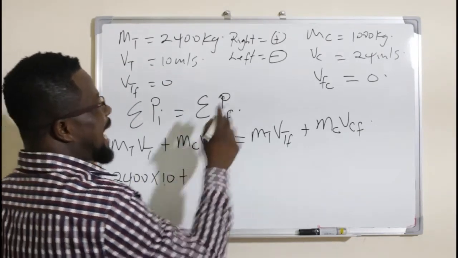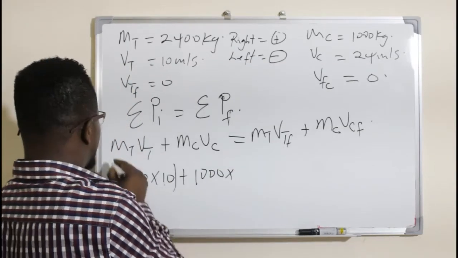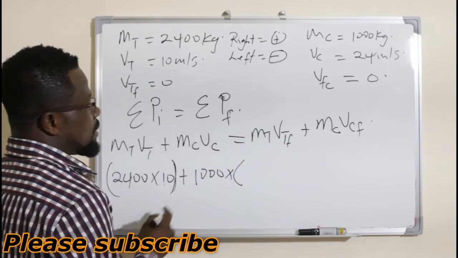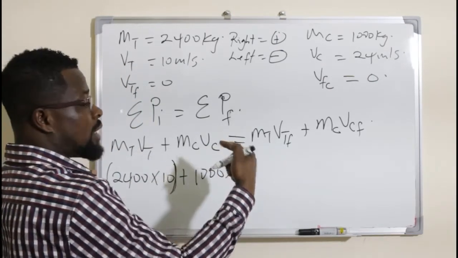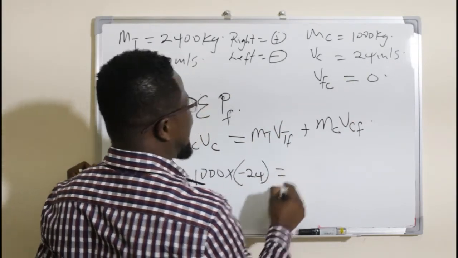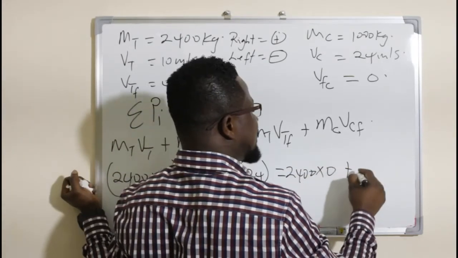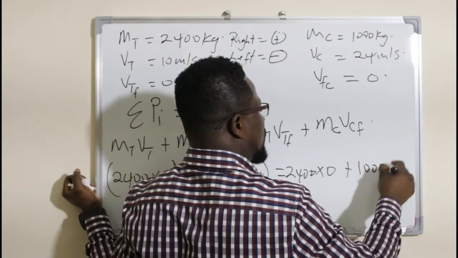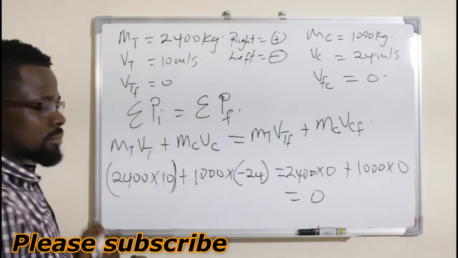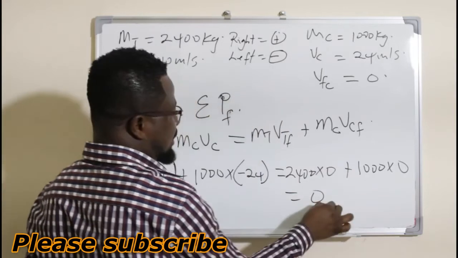On the other side, the car has a mass of 1,000 kg, and I'm going to multiply that. Let me put this in brackets and make it look more beautiful. And the velocity is now moving in the left direction, so that must be negative. So negative 24. And that must equal 2,400 multiplied by 0 plus 1,000 multiplied by 0. Everything here will be 0. So the final momentum is now 0.